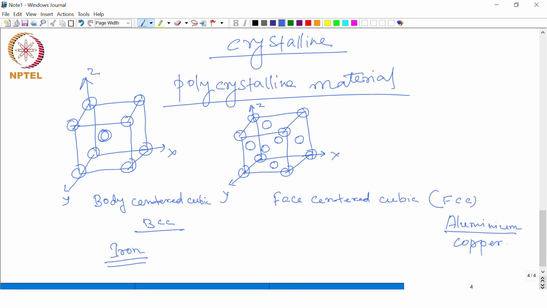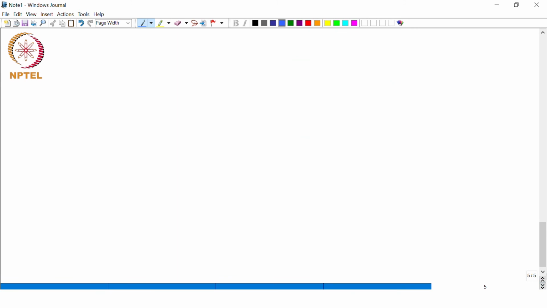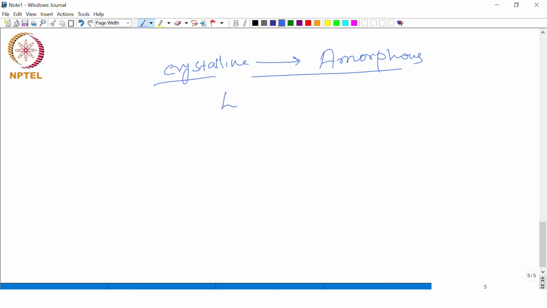Now, the original question in front of us right now is how this crystalline structure can change to an amorphous structure in the liquid to solid transformation.